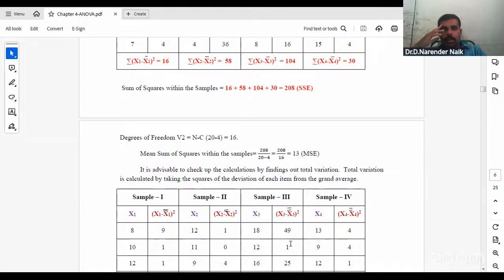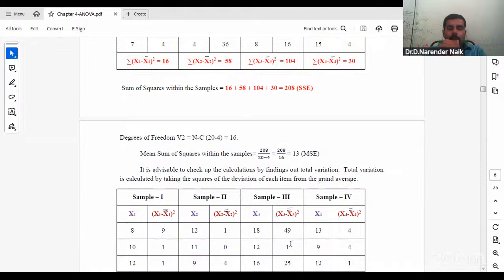The degrees of freedom V2 is equal to N minus C, that is 20 minus 4, which is 16. So the mean sum of squares within samples is 208 divided by 20 minus 4, that is 208 divided by 16, which is equal to 13. That is MSE.